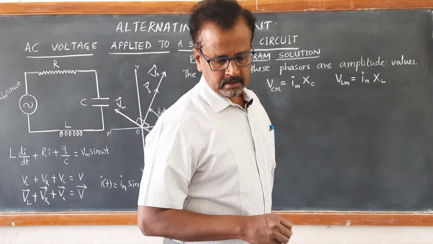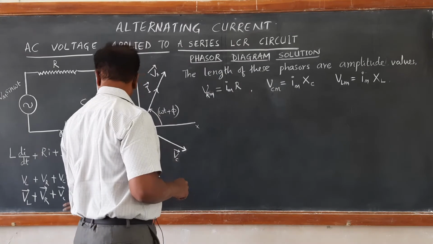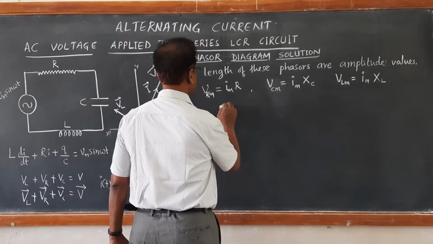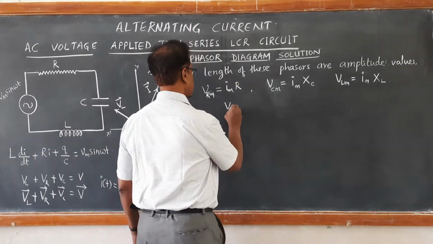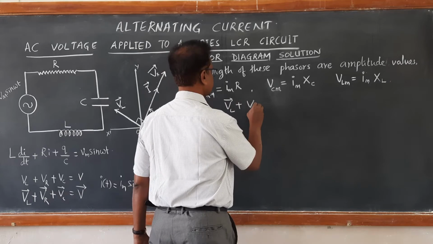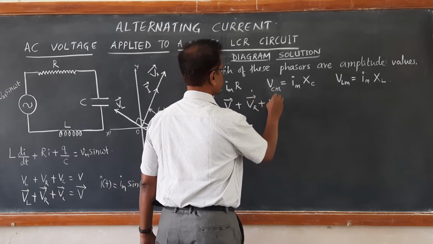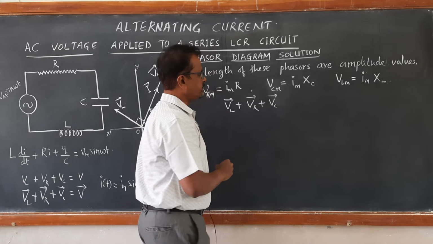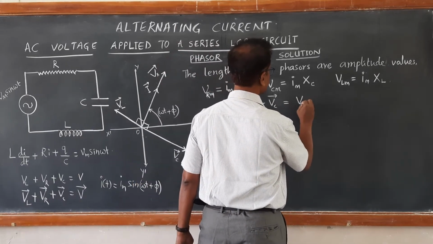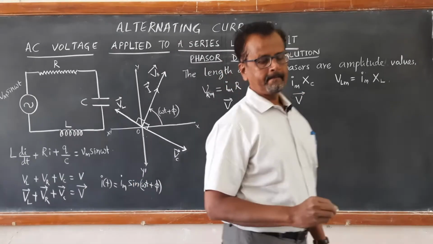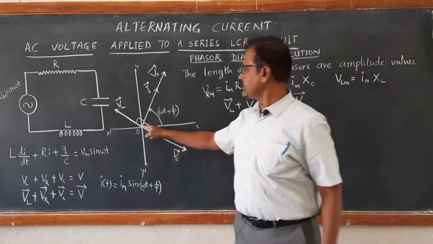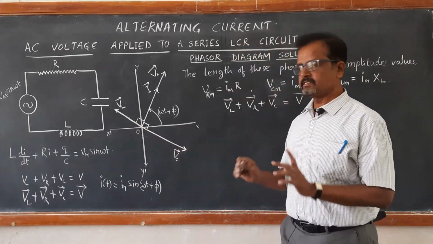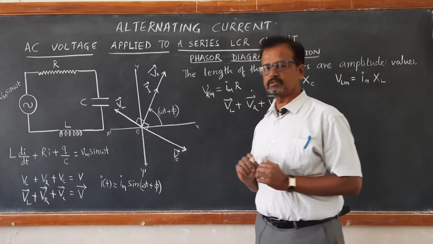Next, we have written the phasor relation, that is VL vector plus VR vector plus VC vector. These are nothing but the phasors, equal to the source voltage vector, right? Now, here you can see VL vector and VC vector are always in the same line, but exactly in opposite direction.